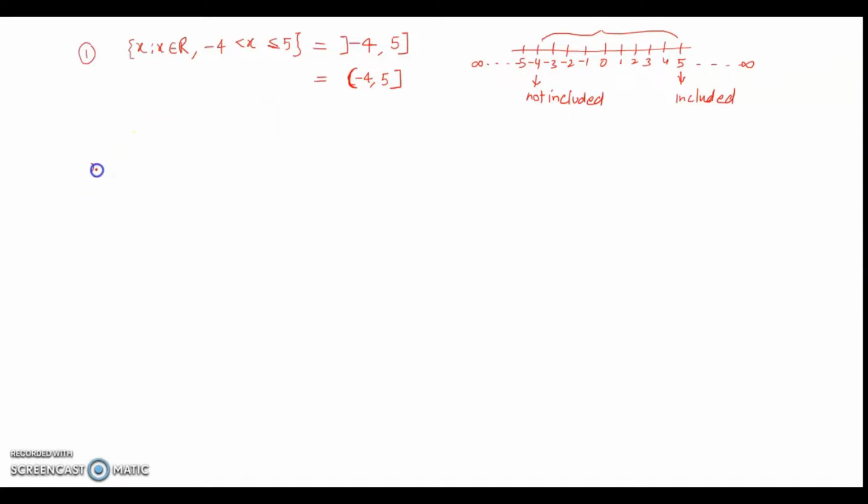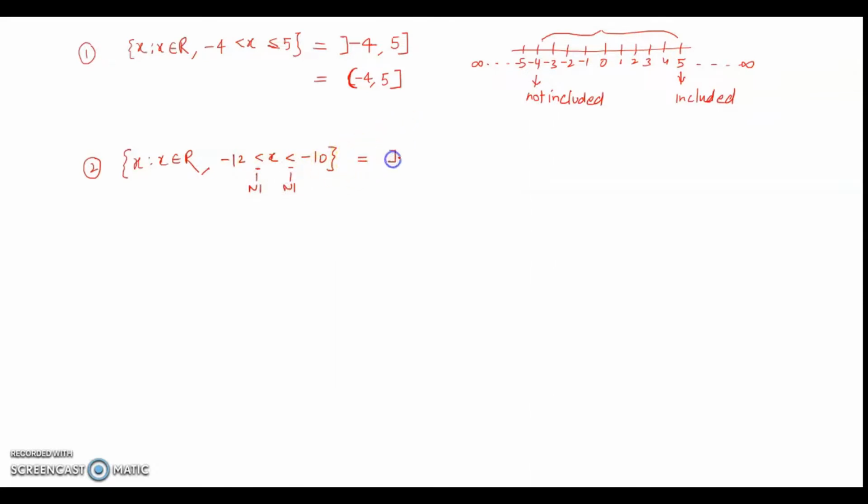Let me take another example here. x such that x belongs to R, again x is a real number, and it is said that -12 is less than x is less than -10. If you see, both the signs are less than, that means not included, so both boundaries are going to be open.